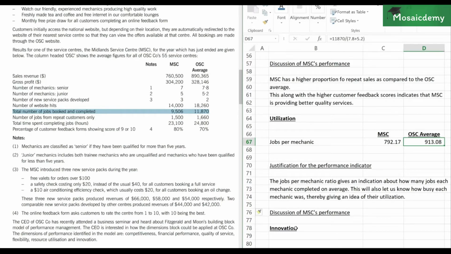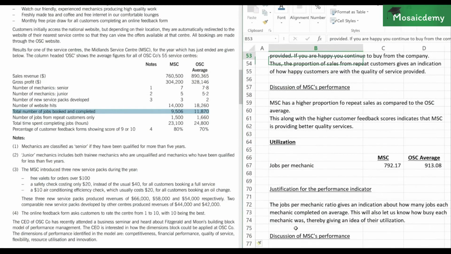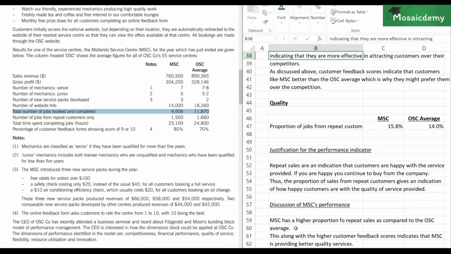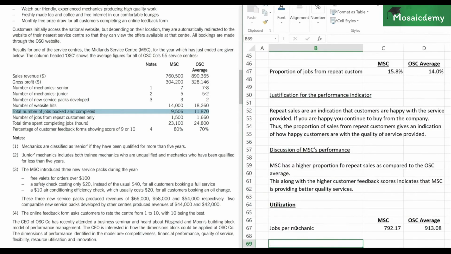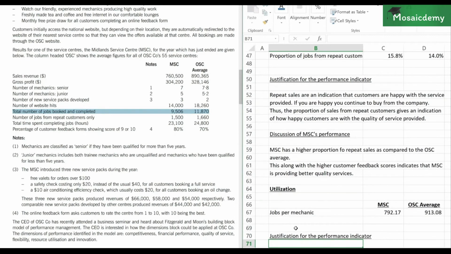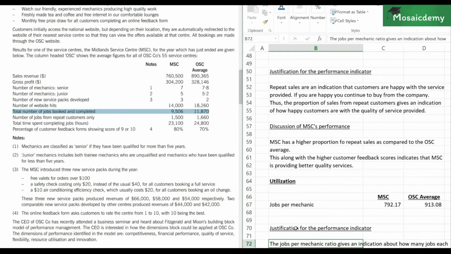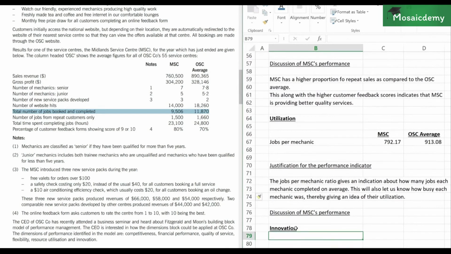Now, you might think this is bad, but as we've seen, the quality and the feedback scores and everything above, the profitability, all of that seems to indicate that our customers don't mind this happening. So what we could build the story around is the fact that yes, they're taking more time per job, but because of that, maybe they're able to deliver better quality service and customers are actually happier as a result. So this isn't necessarily a bad thing. So that's what we can say.